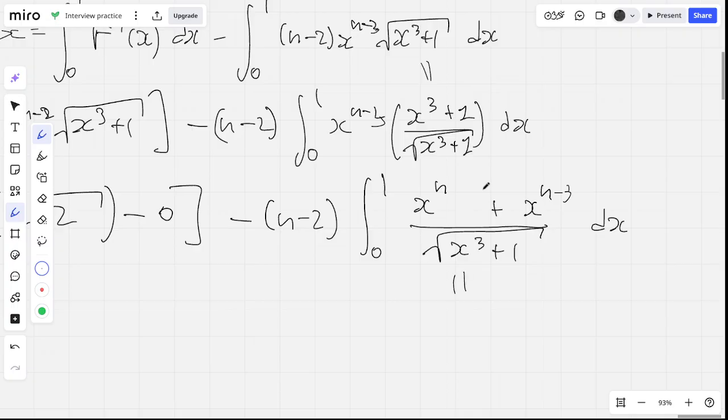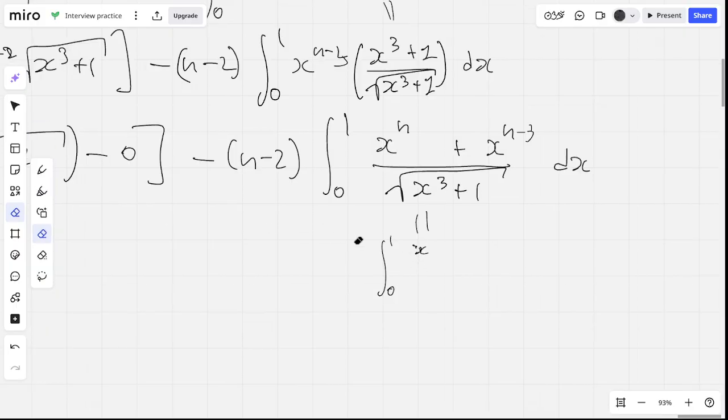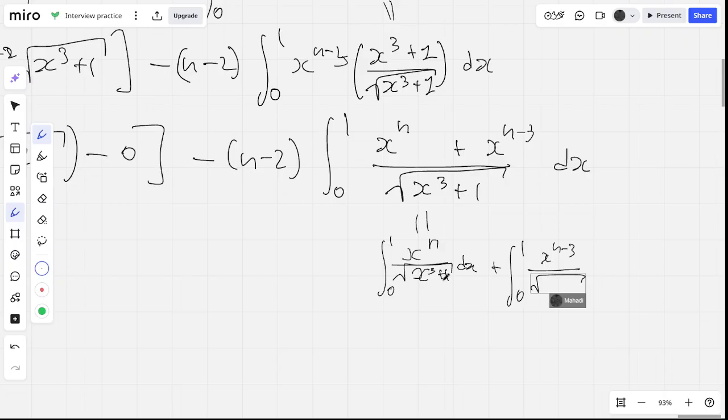This is the same as x to the n plus 1 dx plus x^(n-3) plus 1 dx.